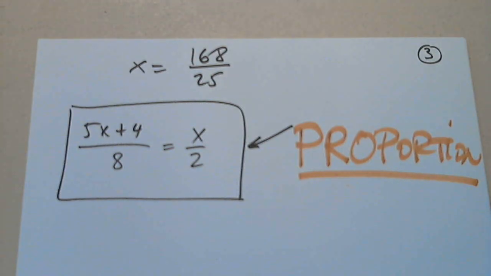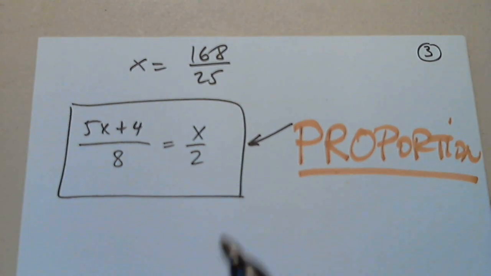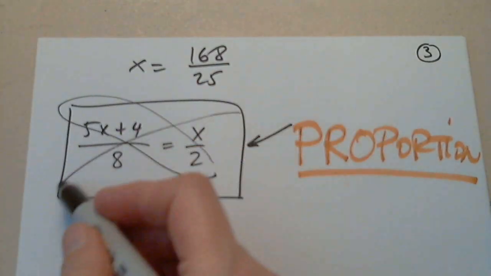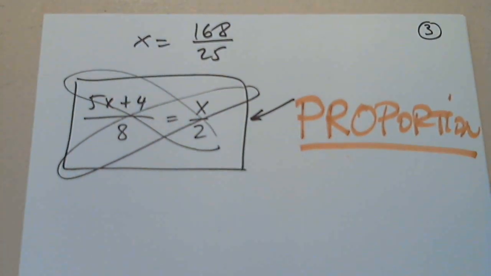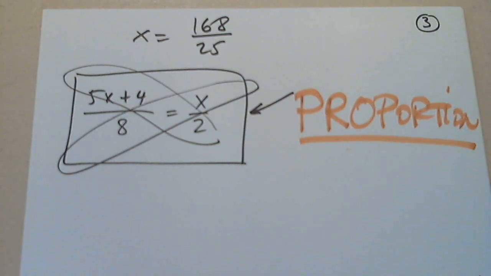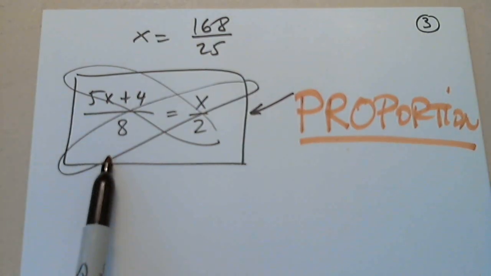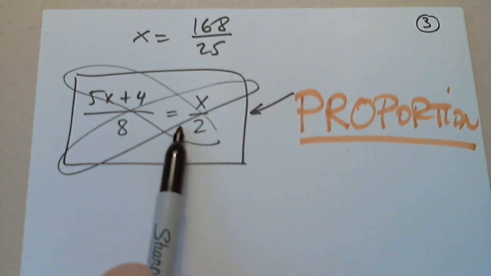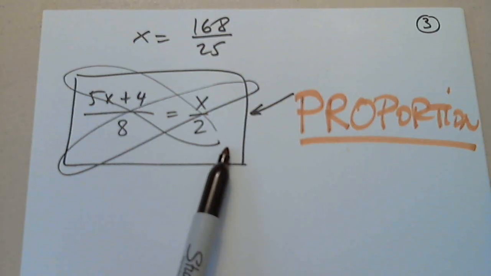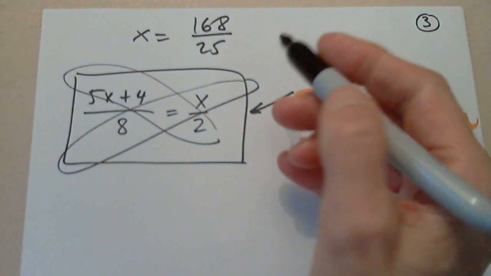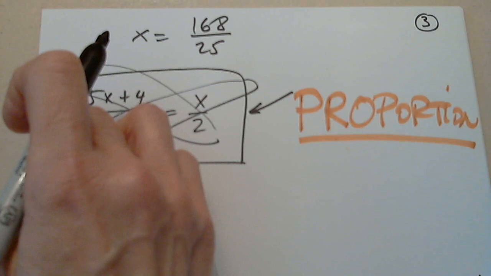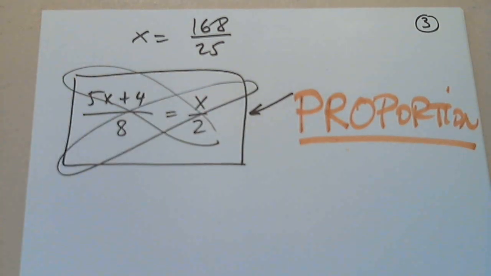This is linear, not a rational equation, but it's the easiest way of thinking about it. So this product has to equal this product because it is a proportion. Remember, a proportion is one fraction, only one, the equal symbol, and one fraction on the other side. Nothing else. If I add or subtract something here, that's not a proportion.